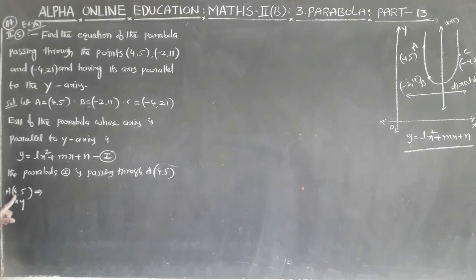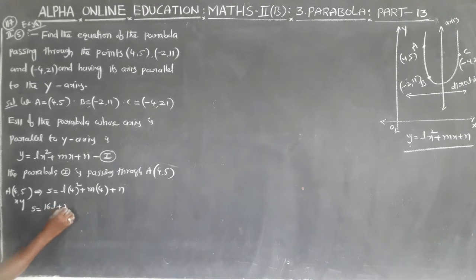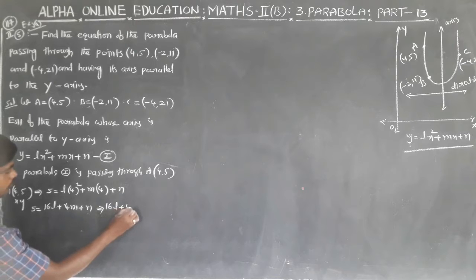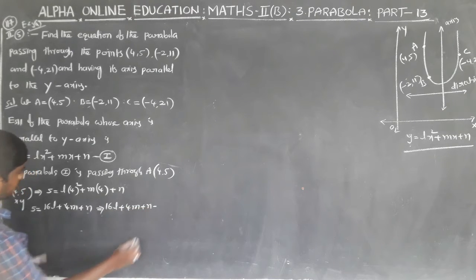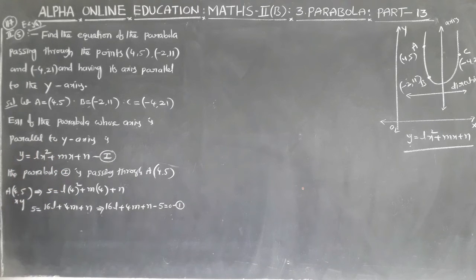Here x is equal to 4, y is equal to 5. 5 is equal to L into x square, 4 square, plus m into 4 plus n. 5 is equal to 16L plus 4m plus n. So 16L plus 4m plus n minus 5 is equal to 0. This is the condition number 1.